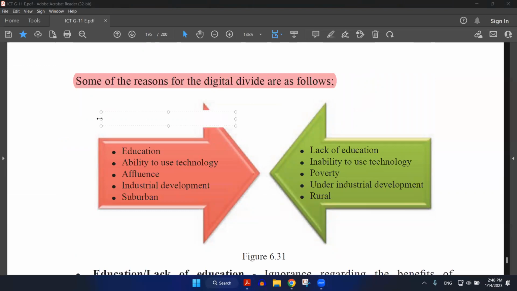It's better you add these topics for this diagram.